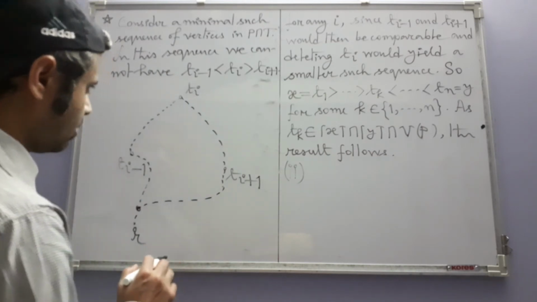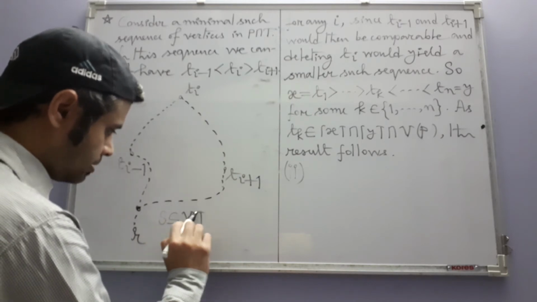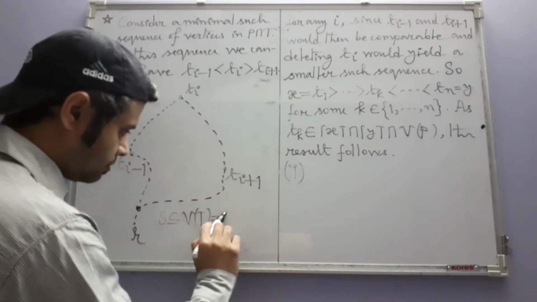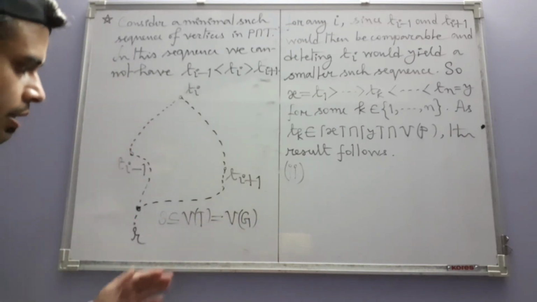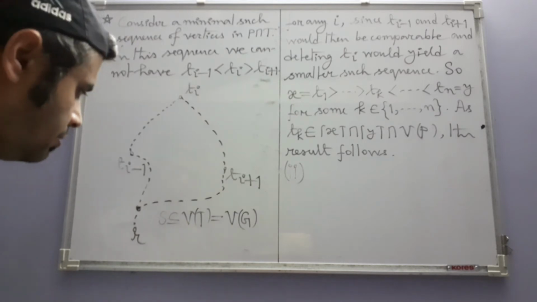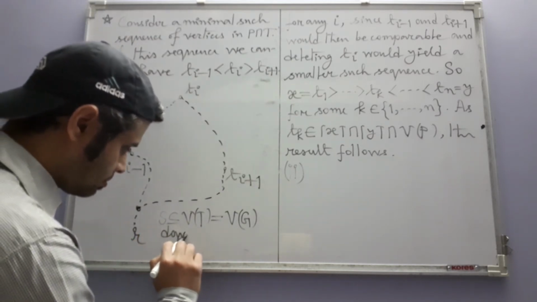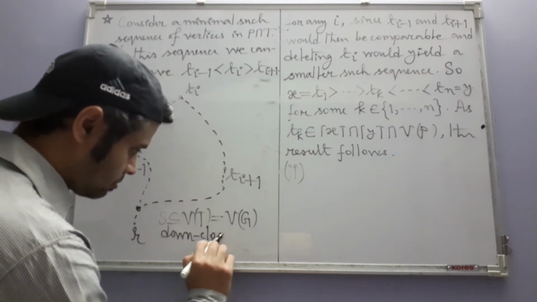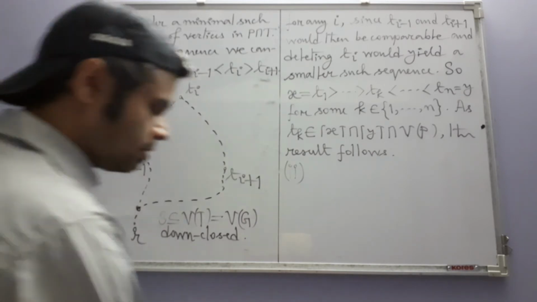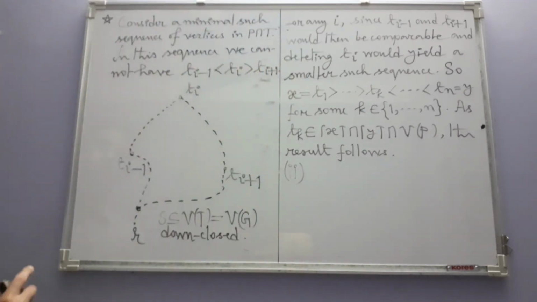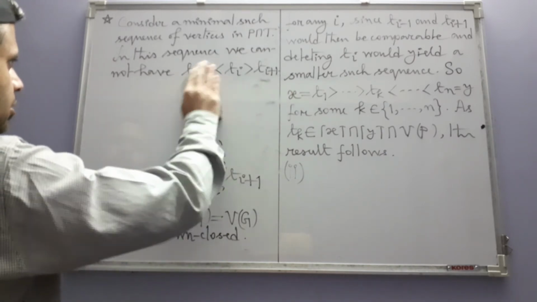Let's just quickly recall what to say. S is any subset of the set of vertices in the tree, which also happens to be the same set for G, and S is down closed. Now we don't need this part, so we can clean this half.